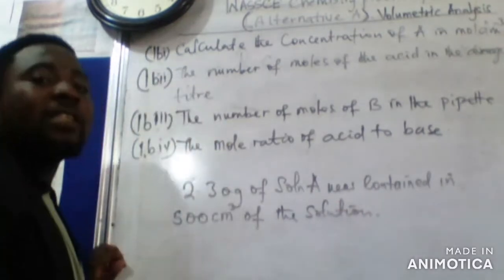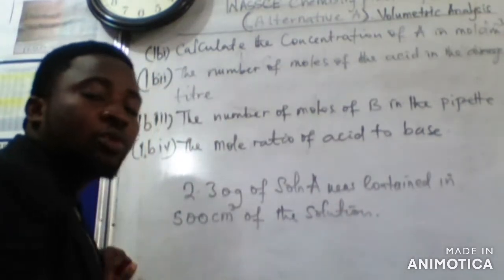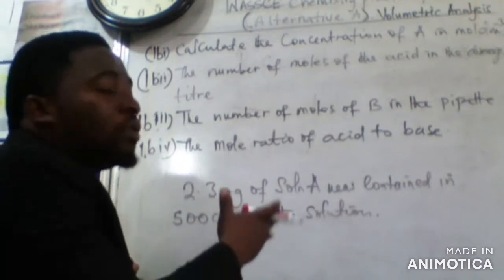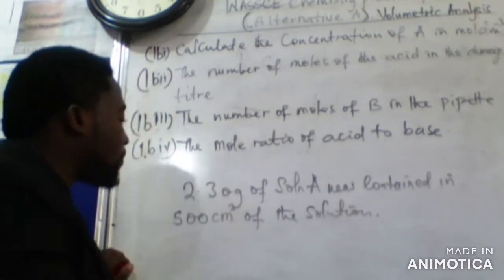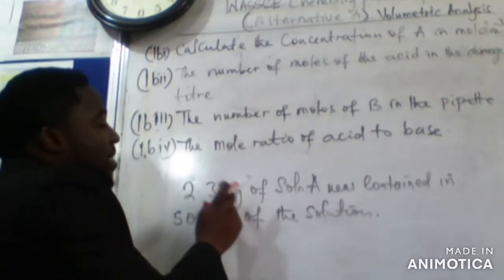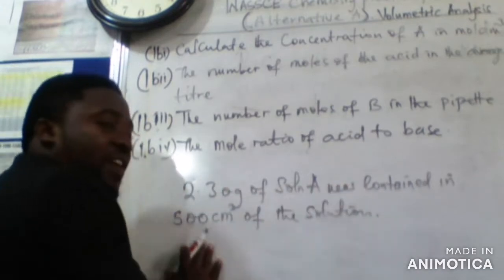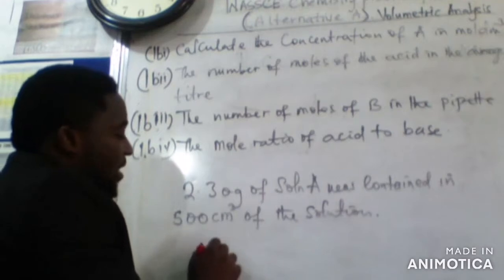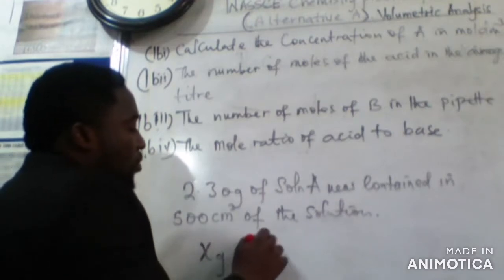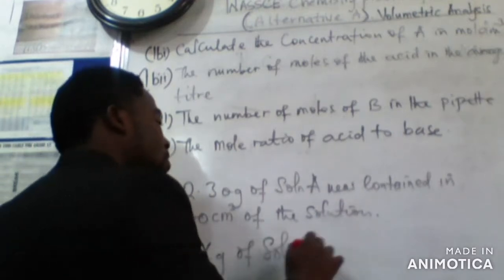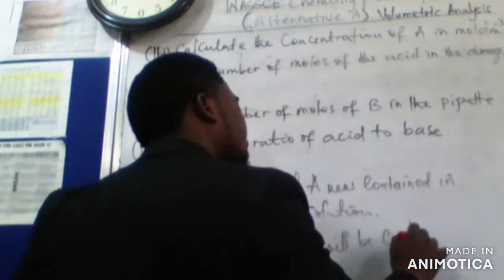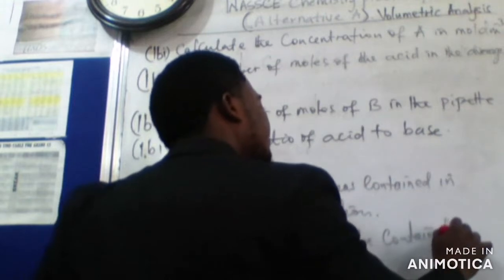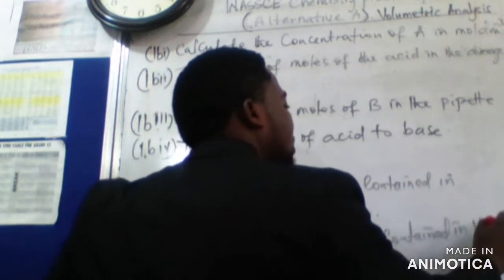Now, to find the mass concentration of this solution, we simply need to find the mass of the solution in 1000 cm cube or 1 dm cube of the solution. If 2.3 grams of solution A was contained in 500, that means x grams of solution A will be contained in 1000 cm cube.